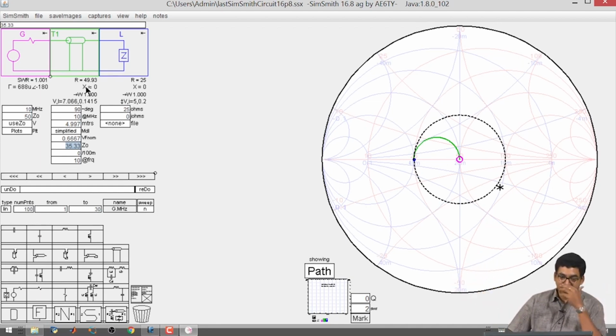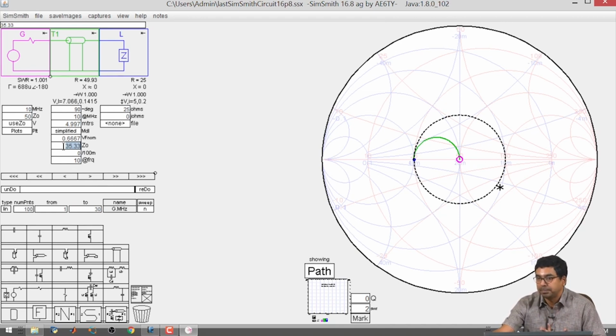Okay. So, this is a straightforward case, but what are the merits and demerits? Merit is that it provides me with all the power at the load. The demerit is it is not easy for you to go and buy a cable which has 35.33 ohms characteristic impedance. So, it is good to understand that it can be done, but a practical approach is just connecting L and C at your load and actually trying to match.